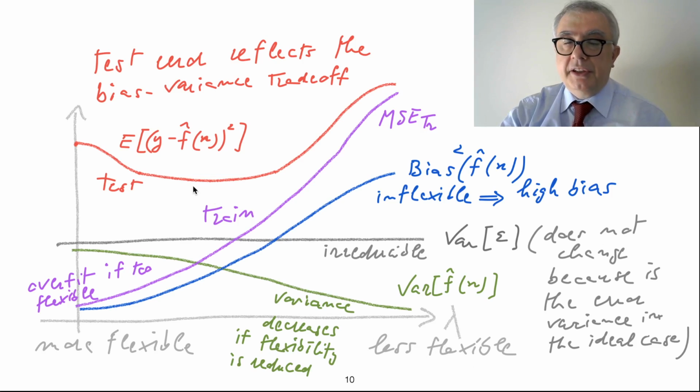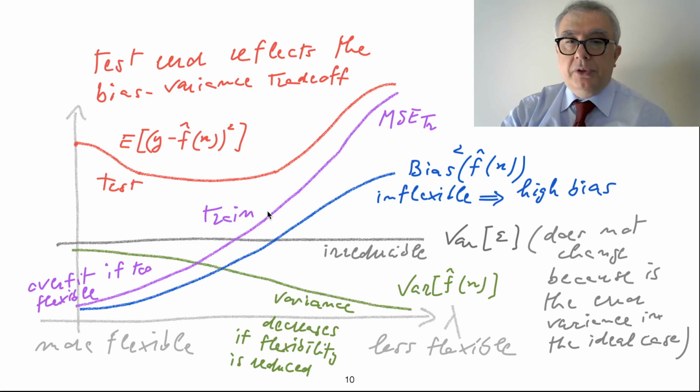Of course, I don't know the real red curve, so I will need methods to estimate it and find its minimum point, or at least approximate the value of lambda that corresponds to this minimum.